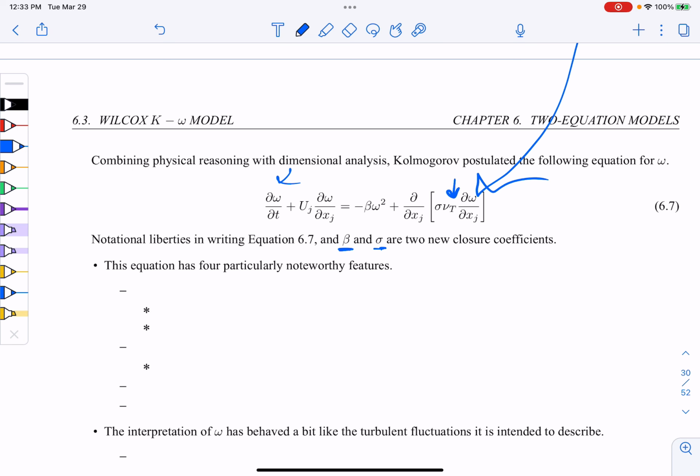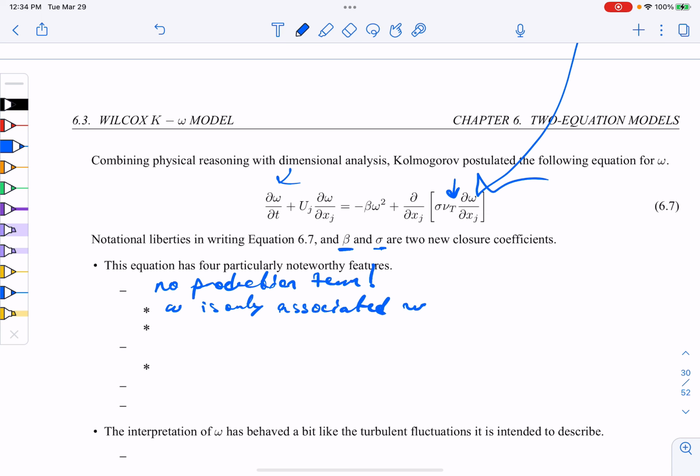There are some interesting features of this equation. First of all, there's no production term, which is corrected later by other authors. And that's consistent with Kolmogorov's view that omega is only associated with the small scale structures, Kolmogorov scale, maybe to Taylor microscale region.